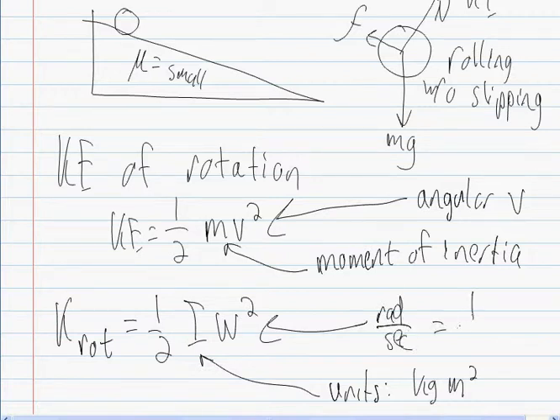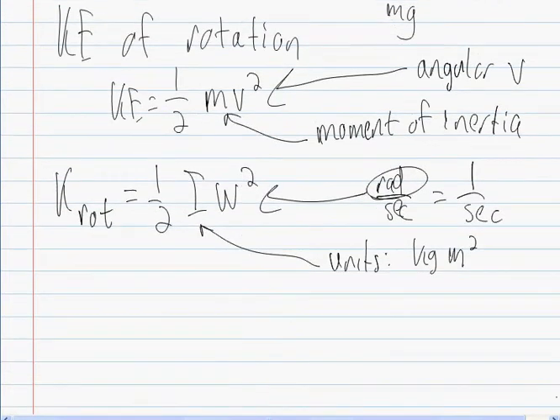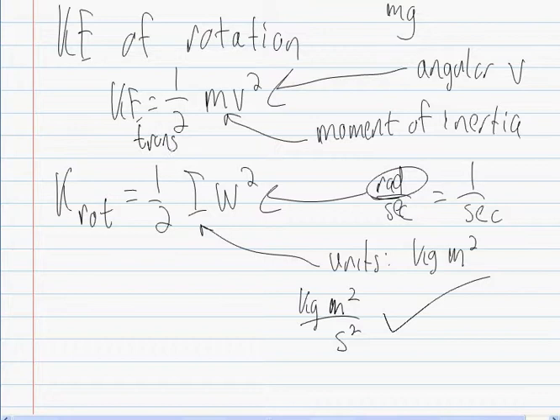Remember, radians is a fake unit. So if we multiply those together, we get kilogram meter squared over second squared. Woo, we win. So it turns out that the expression for translational, I'm going to start calling it KE trans, leads us right to the expression for rotational kinetic energy, or KE rot.